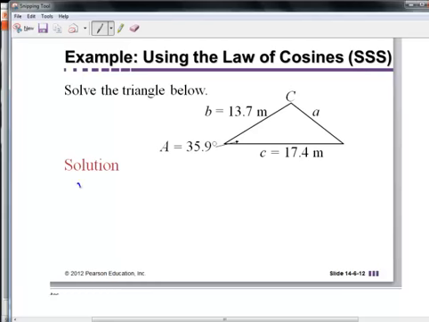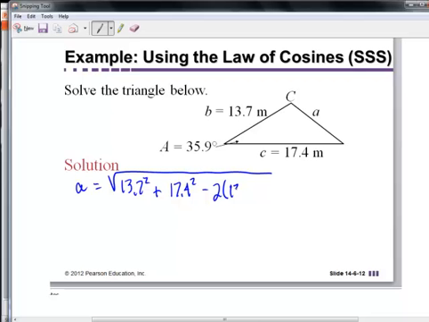A will be the square root of b squared, 13.7 squared, plus c squared, 17.4 squared, minus 2 times 13.7 times 17.4 times the cosine of 35.9 degrees. So we break out the calculator.